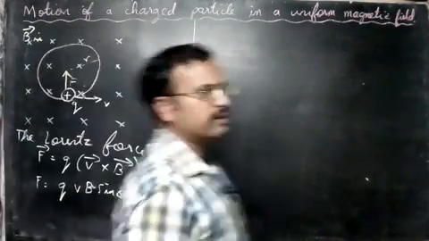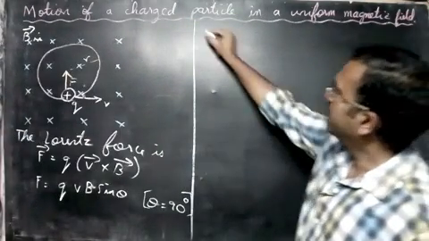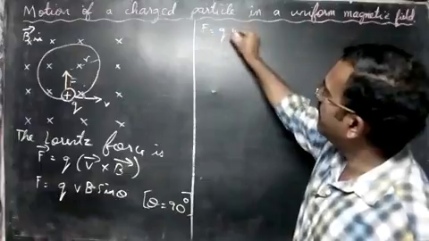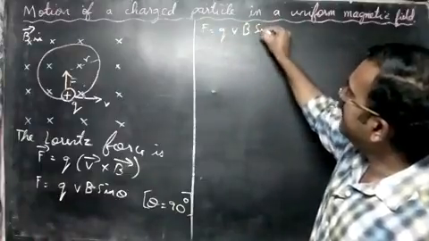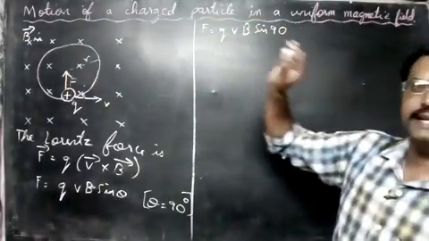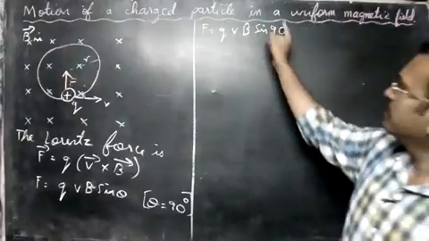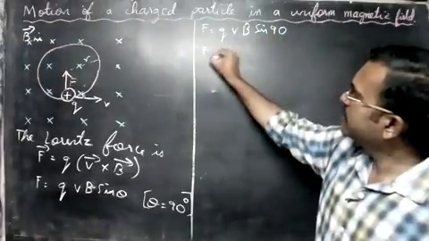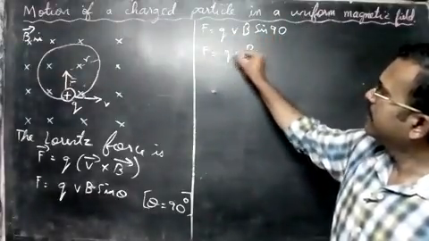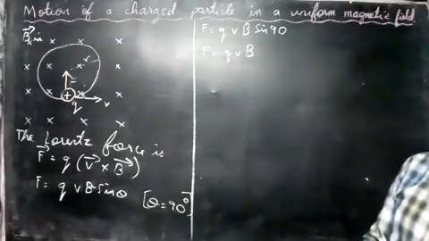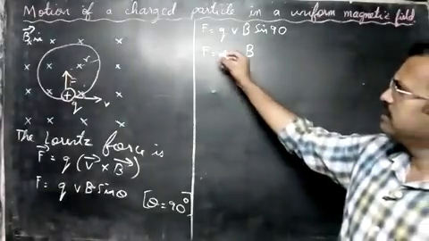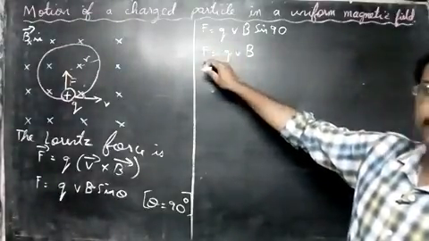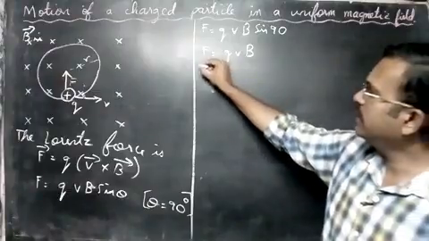If theta is 90 degrees, what will happen? We have F equals QVB sine 90. The value of sine 90 is 1. So the force is equal to QVB. This is now a magnitude, the magnitude of the net force.